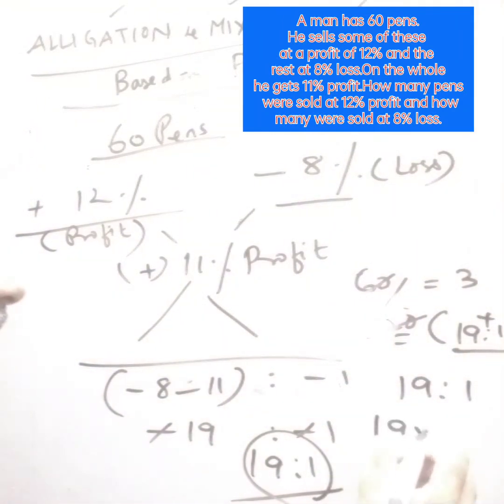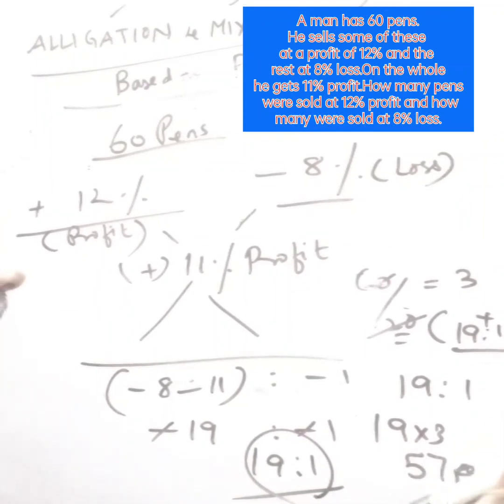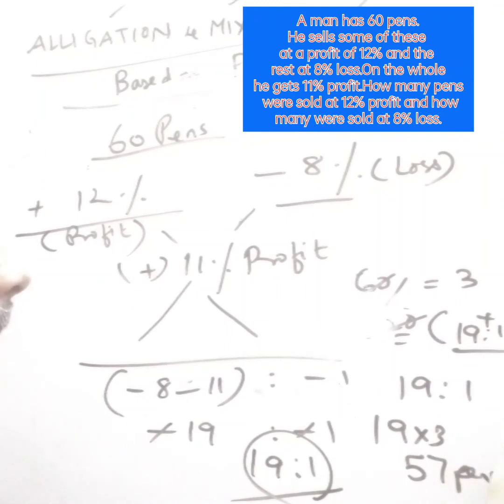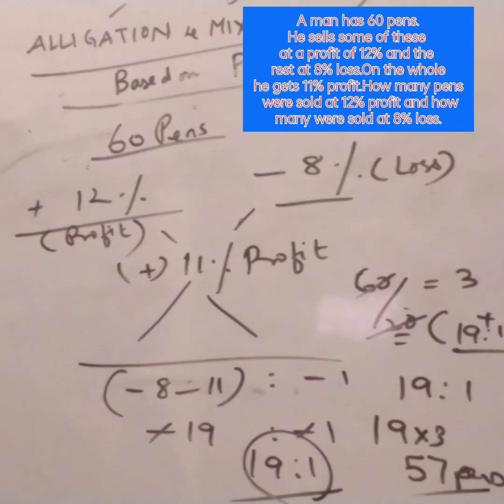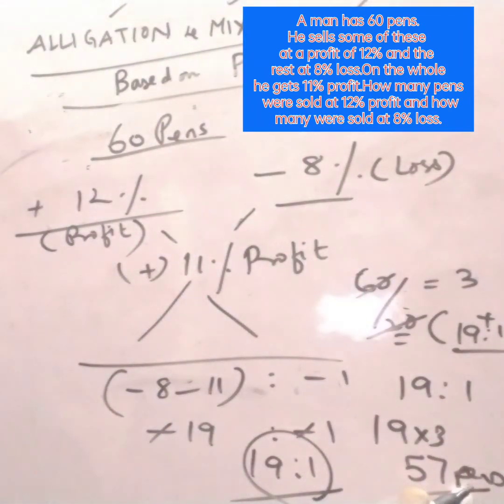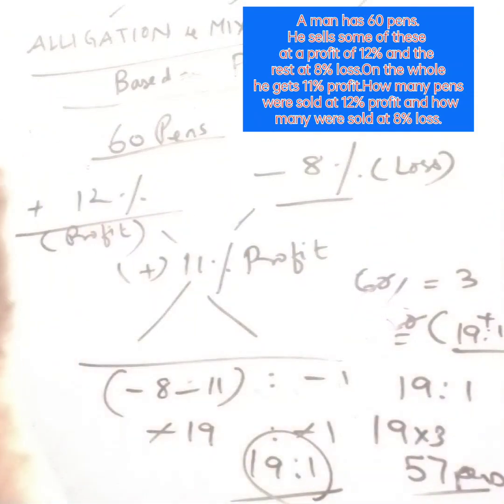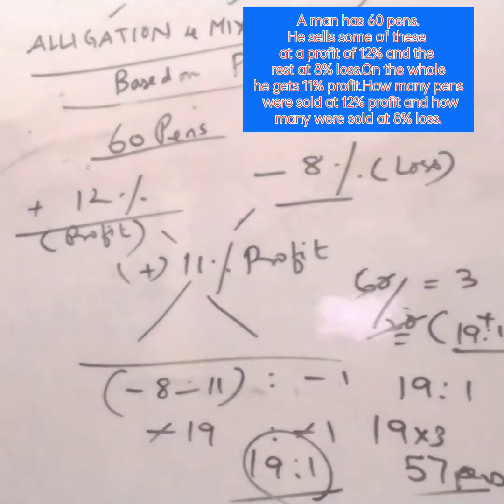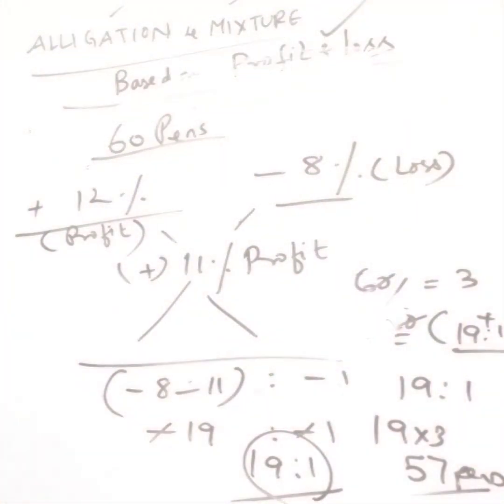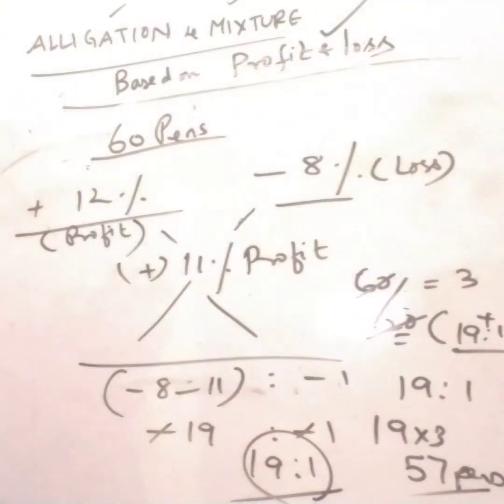So 19 into 3, 57 pence, and 1 into 3, 3 pence. So 57 pence he is selling at 12% profit, and 3 pence he is selling at 8% loss.